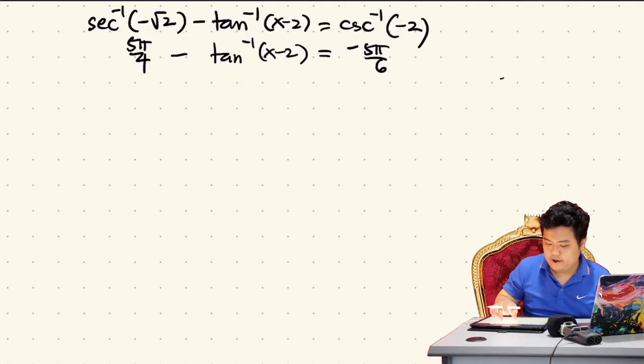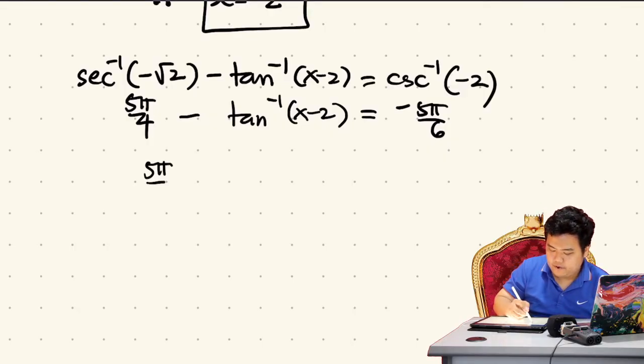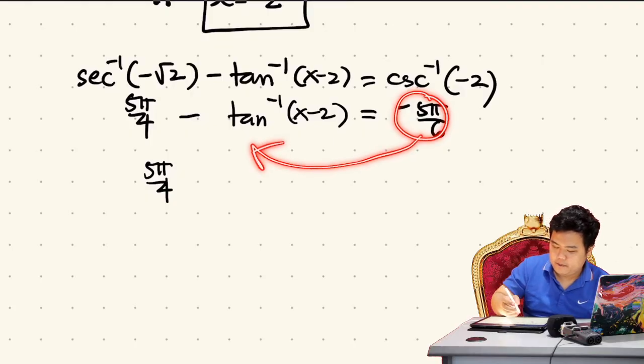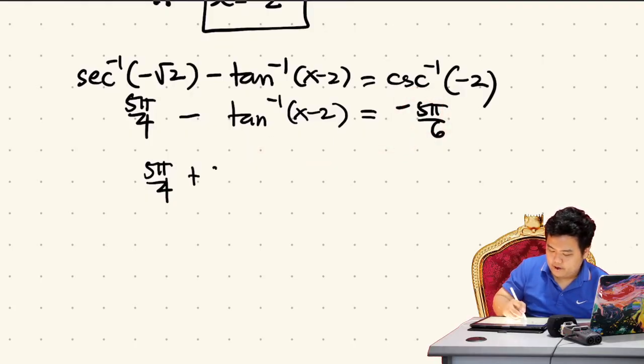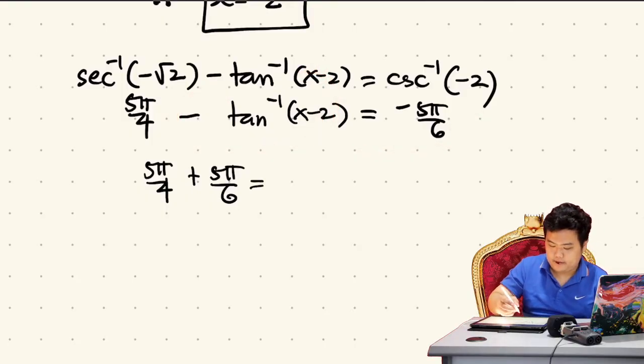Okay, and then, yung next step daw is to isolate yung may inverse trig function. Okay, so yung 5 pi over 4, ito lilipat natin sa left, magiging plus 5 pi over 6. Then ito lilipat natin sa right.